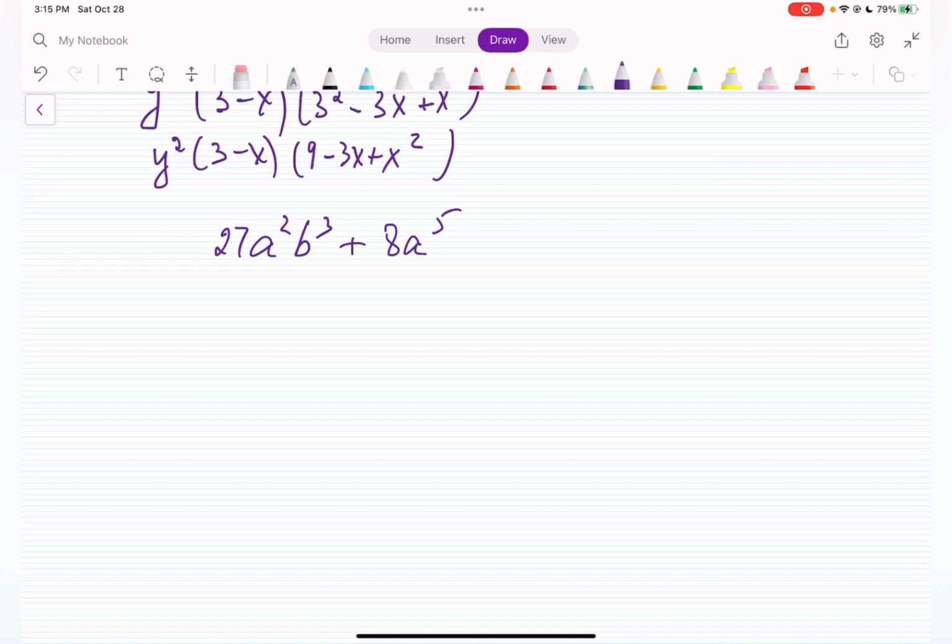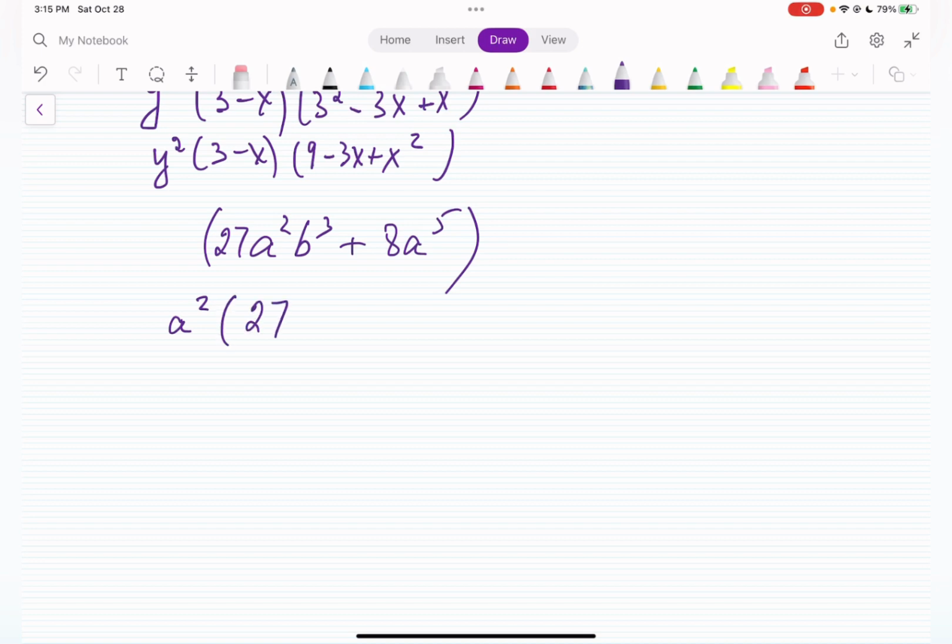Okay, let's see how we're going to work. So which one do we take out? We take a squared out maximum.